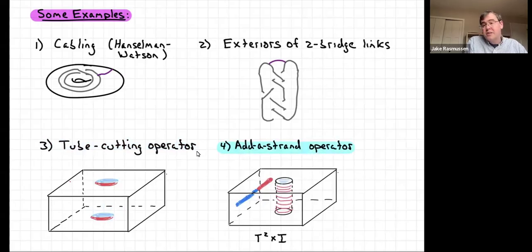Another operator that's nice to consider is the add a strand operator. Again, I take the identity cobordism for T2 times I, which is really punctured T2 times I. And then I drill out another strand parallel to the boundary.